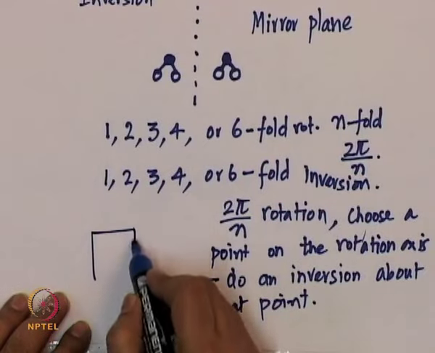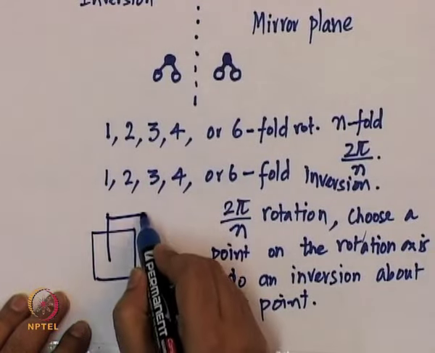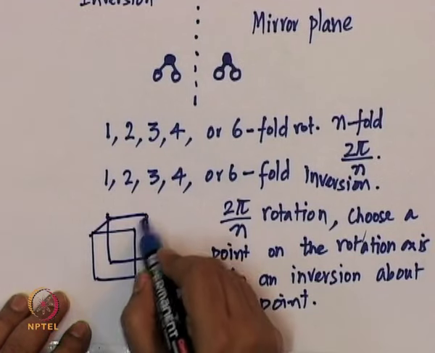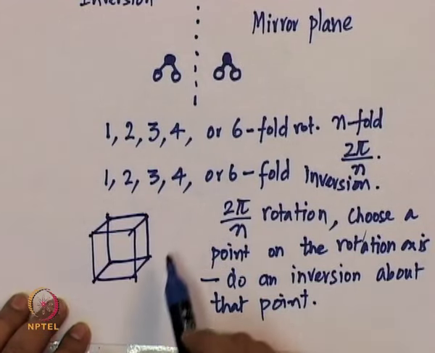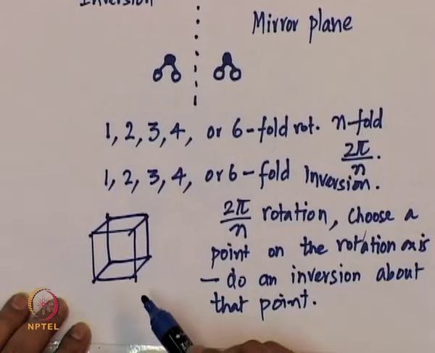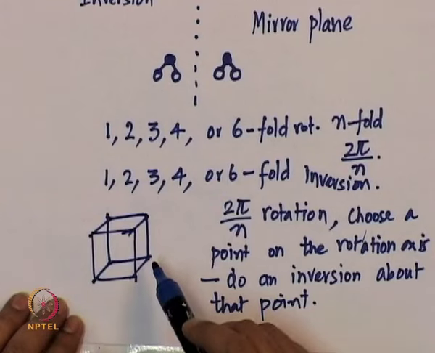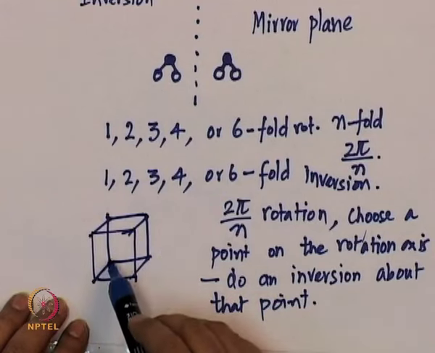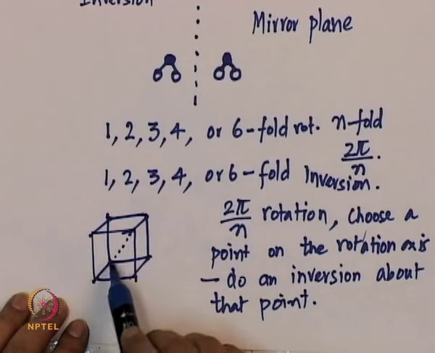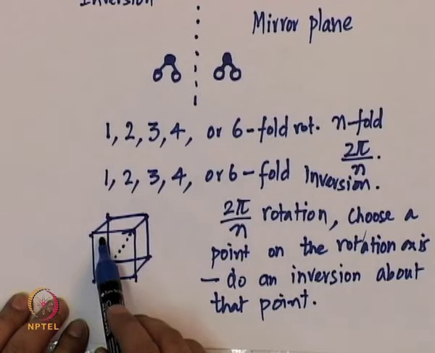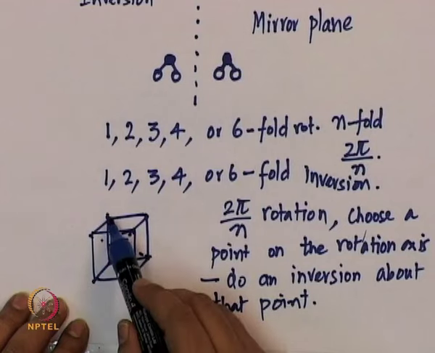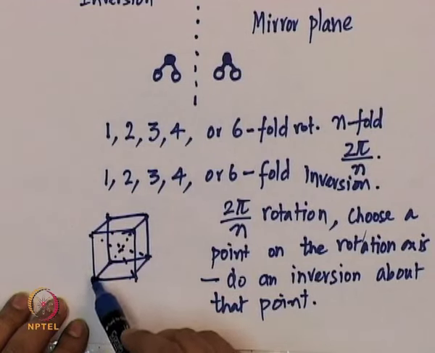For example, think of the simple cubic unit cell that I described a while back. One of the important point group symmetries of this cube is that it has a 3-fold rotation about 4 axes, and those 4 axes are the diagonal ones, from here to here, from here to here, and so on.